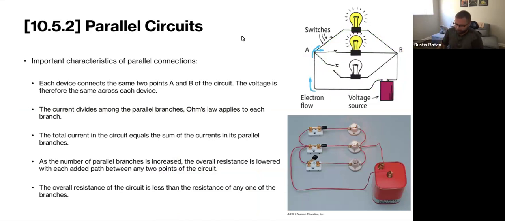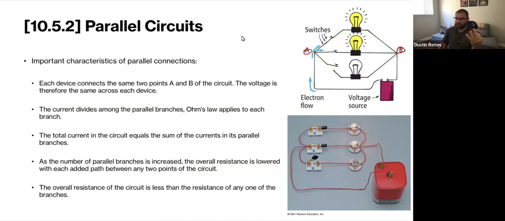As far as important characteristics of parallel circuits, each device connects the same 2 points, A and B, of the circuit, right? So we see that here. And then the voltage is the same across each device. So this is where it's different.